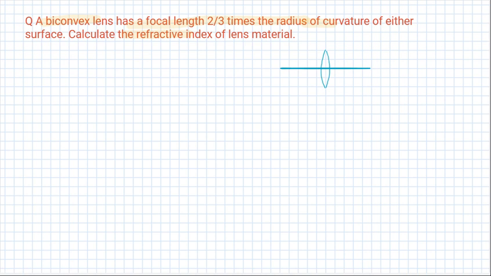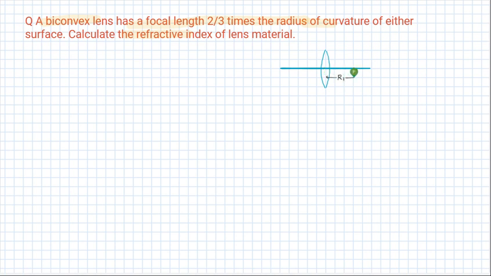Apart from this one, they have said that this convex lens also has two radii of curvature. So this is your first surface. For this first surface, let us consider this one as your R1.